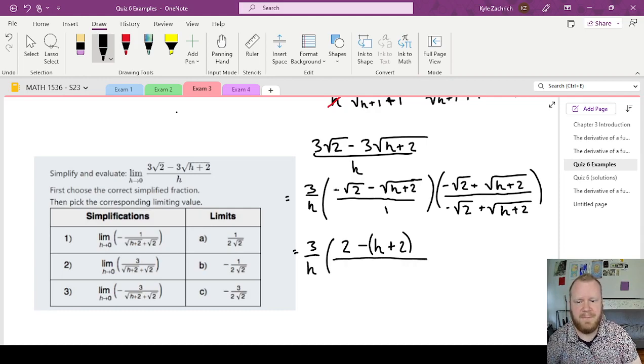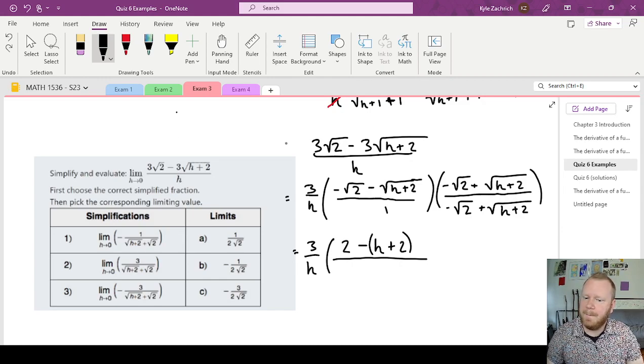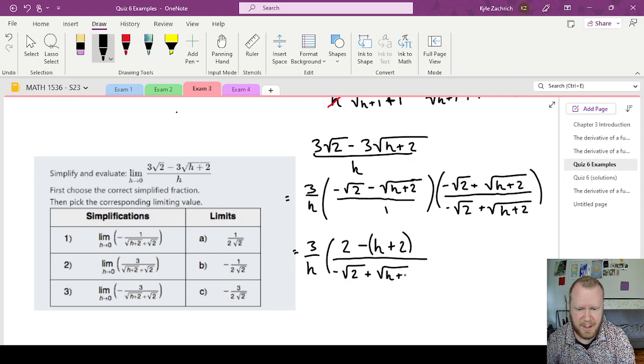If you wanted to go ahead and FOIL out all 4 of these terms here, you would get the same thing, but you probably saw this in an algebra class at some point. Okay. Down here, we've got negative square root of 2 plus square root of h plus 2.